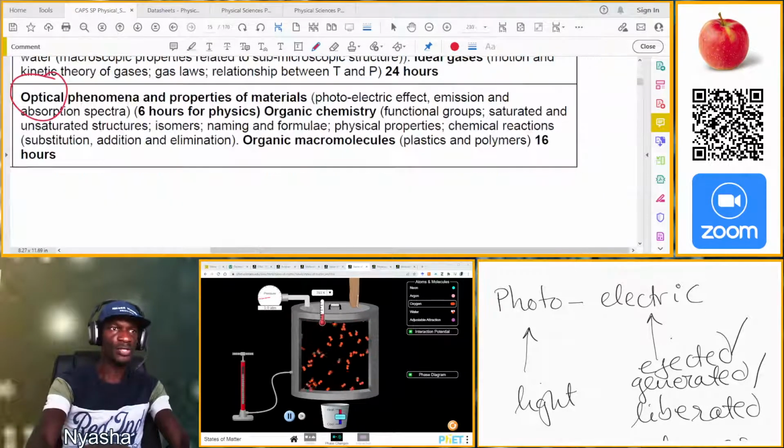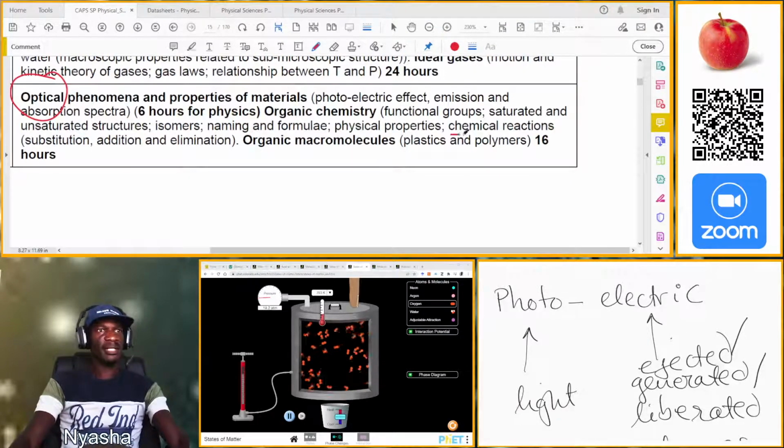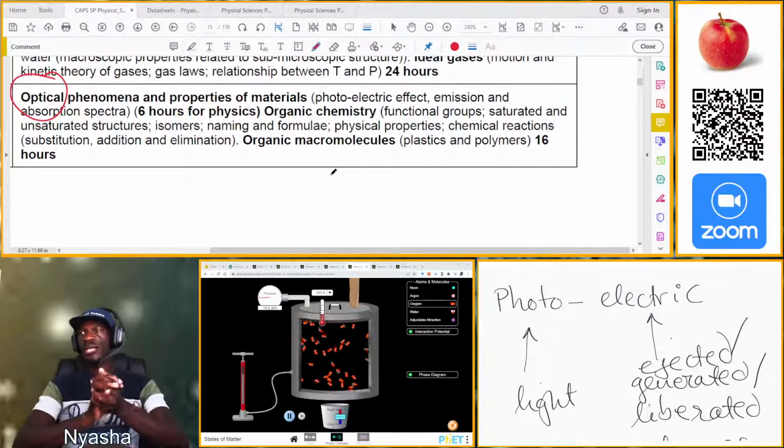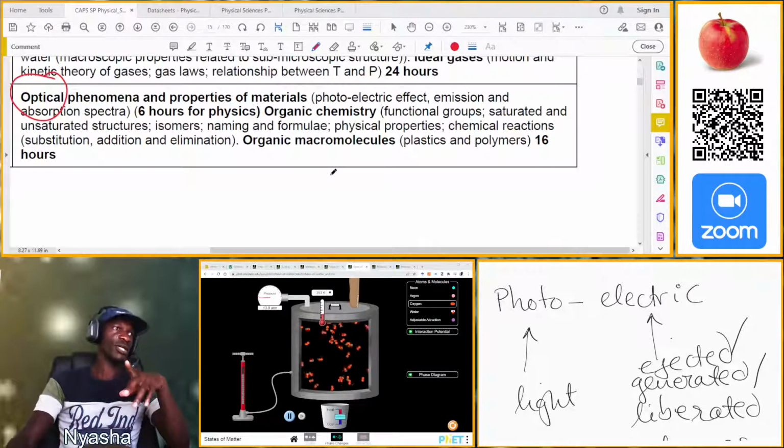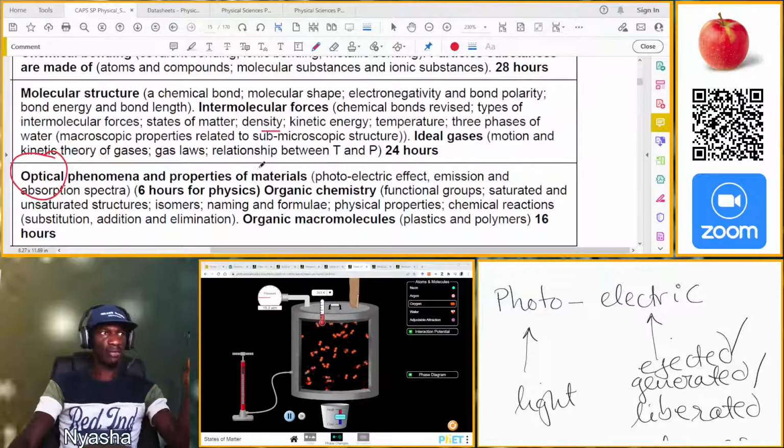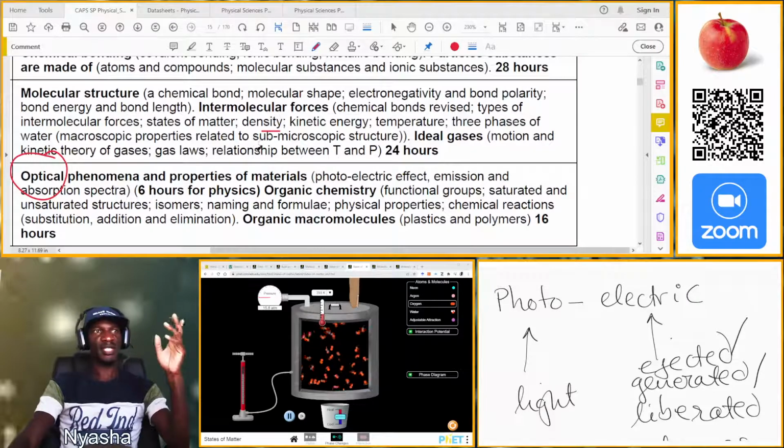Then the next thing would be chemical reactions in organic chemistry: substitution, addition, and elimination. And we also have macromolecules such as plastics and polymers. That would cover your work, which means for each subtopic we will have related questions.